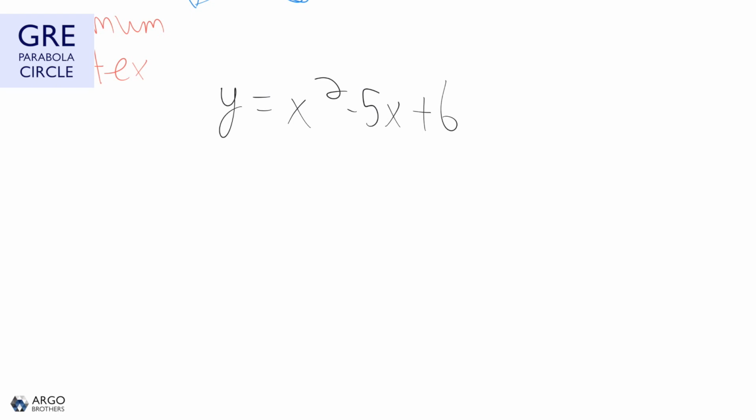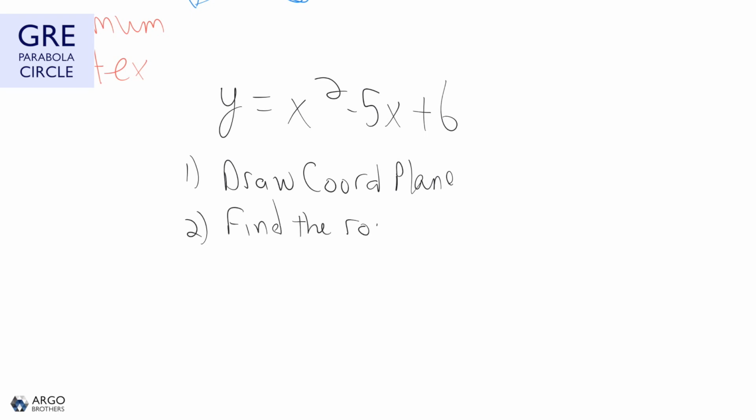Okay, so the first step to graph would be to draw the coordinate plane. So draw coordinate plane, and that's pretty obvious. And then you should find the roots, which you know how to do, either by using the quadratic formula or factoring. Then after that, determine the vertex.